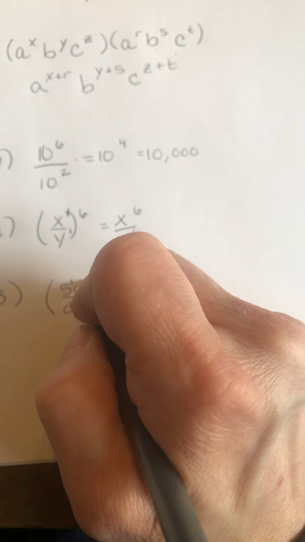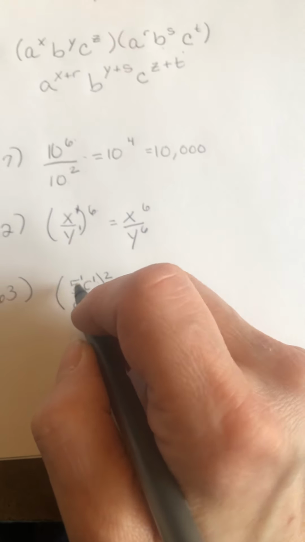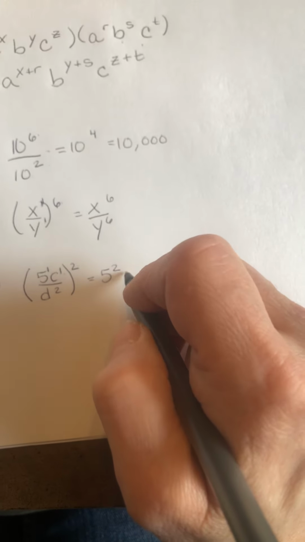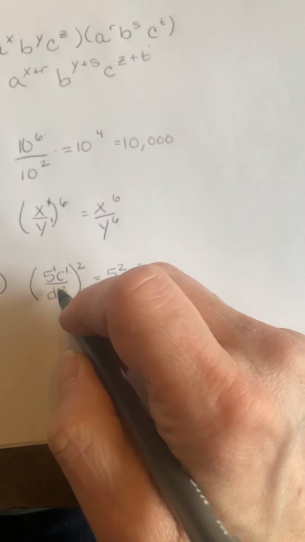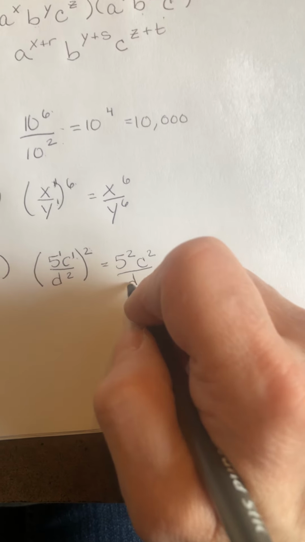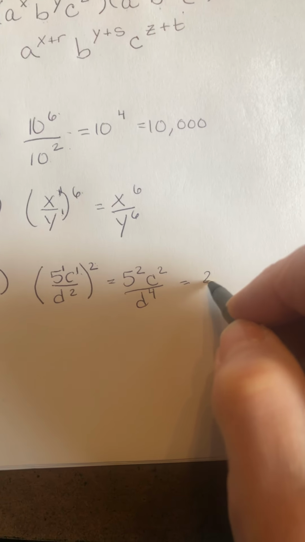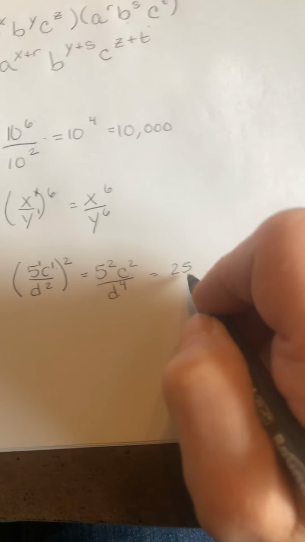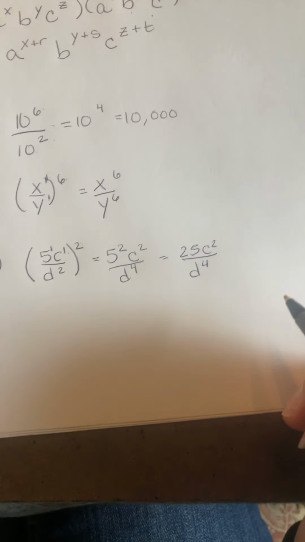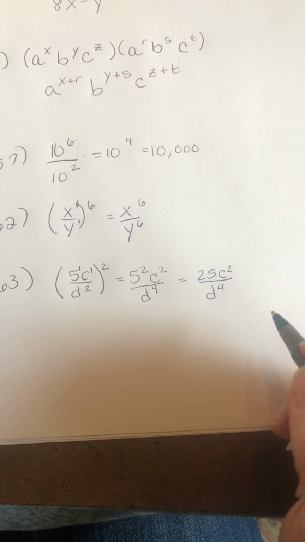Even though we don't see it, the 5 and the c both have an exponent of 1. So 1 times 2 is 2, 1 times 2 is 2, and 2 times 2 is going to give us 4. Simplifying a little bit further, we end up with 25 c squared over d to the 4th power to totally simplify that.